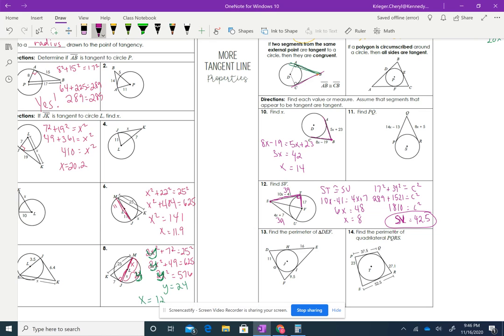Okay, so let's see what we got here. If a polygon is circumscribed around a circle, then all sides are tangent. So here is my shared external point, right? I'm using both theorems here.